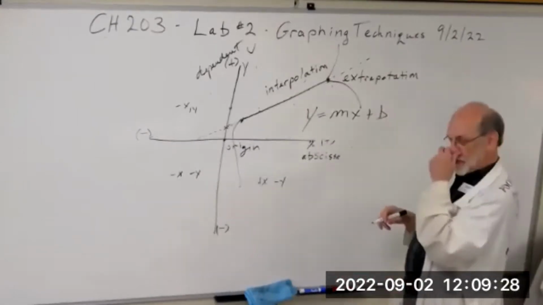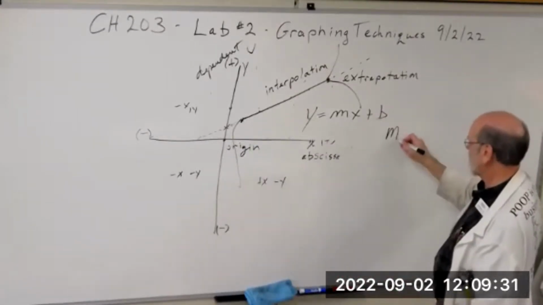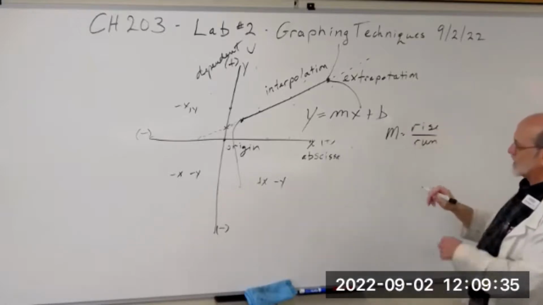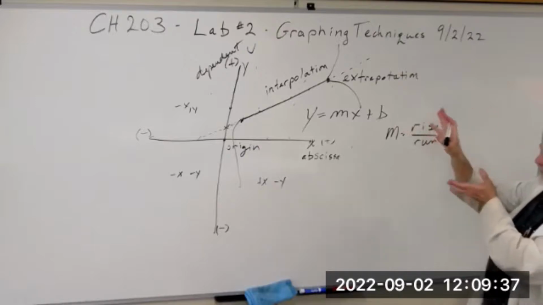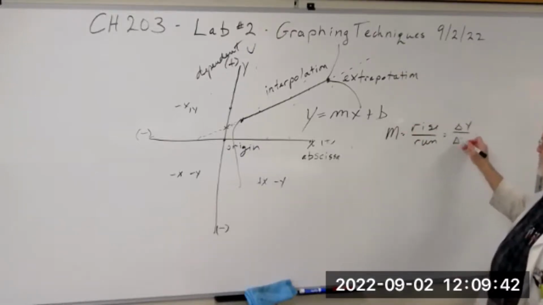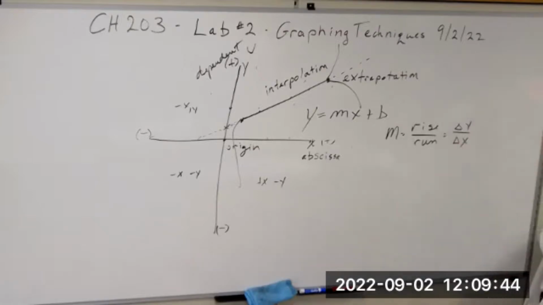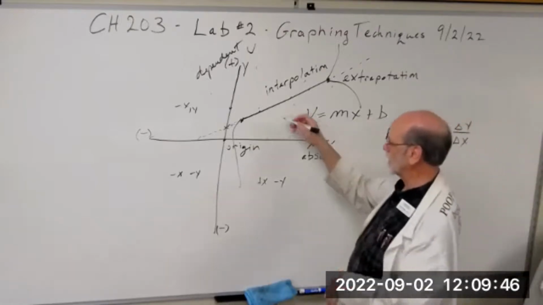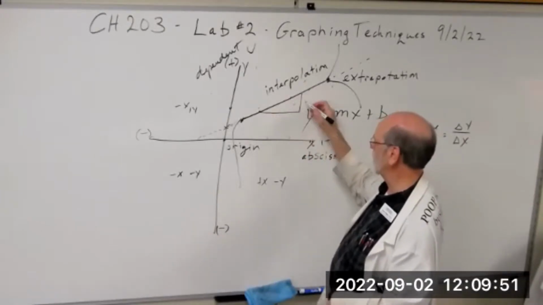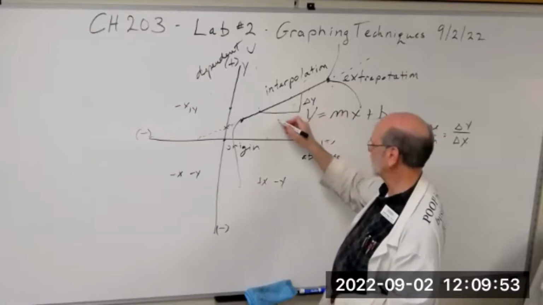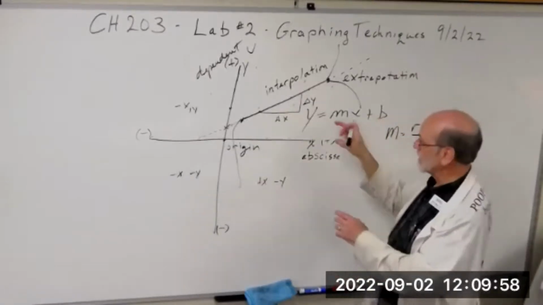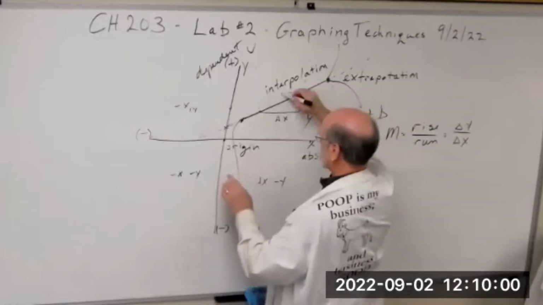Rise over run, there you go. All right, so m equals what we call rise over run, which in interpreting for our graph is a change in y divided by a change in x. So on the graph, it would look like this. This is a change in y. This is a change in x. So you need, what's the distance here?